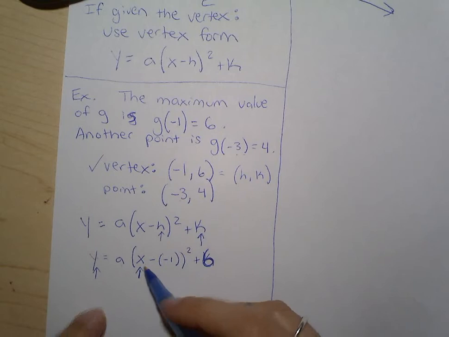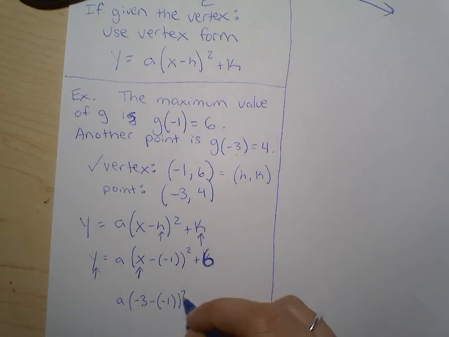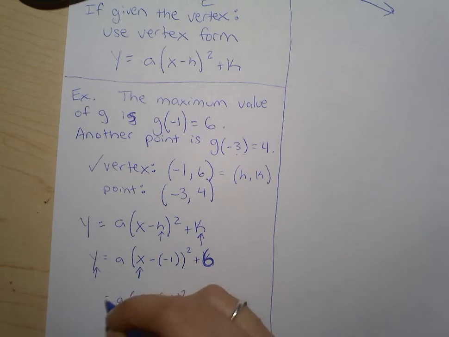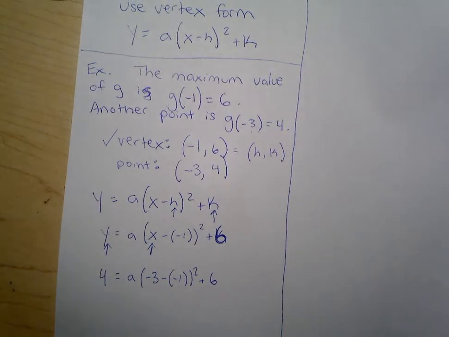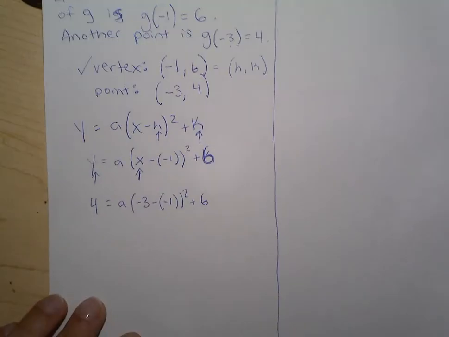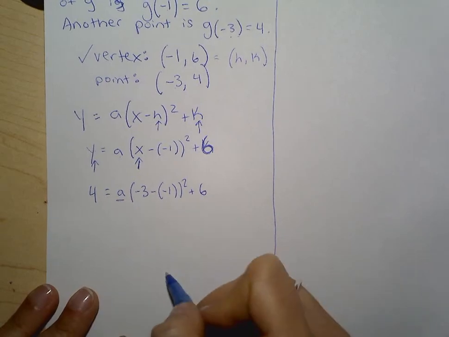This x value is -3, and my y value is 4. So now the only thing I have missing is my a value. So I'm solving for a. That's the last thing I have to calculate.